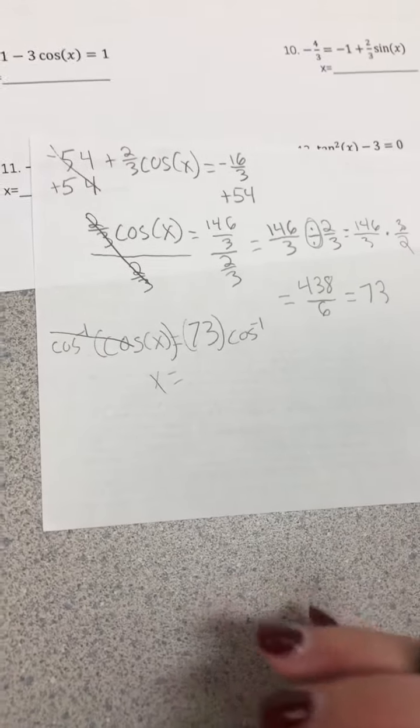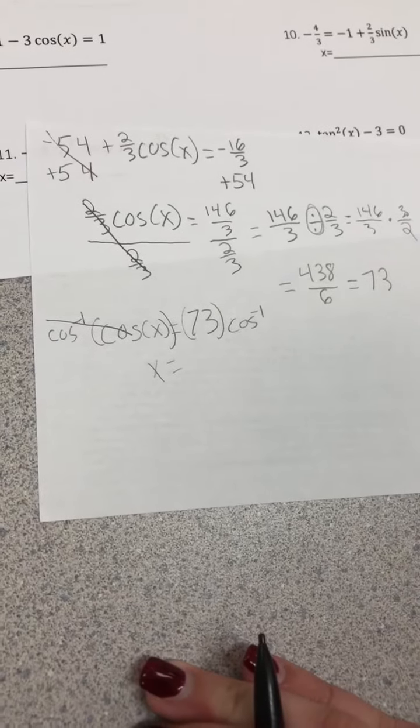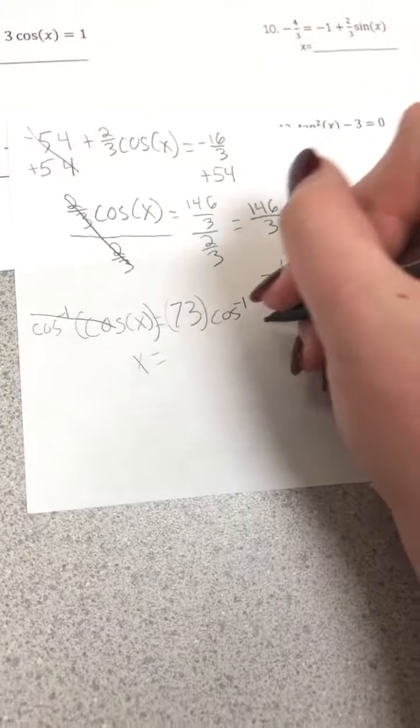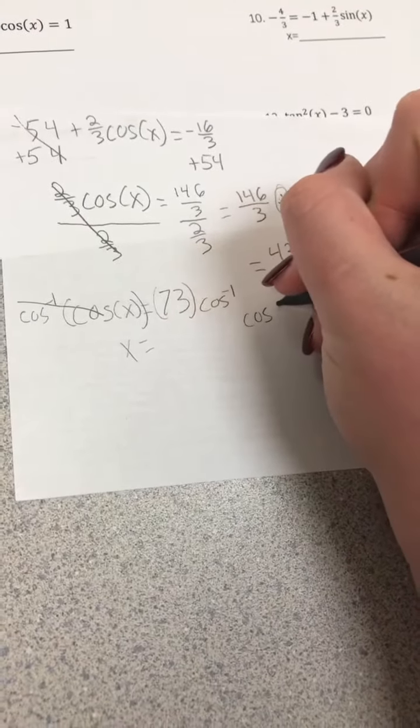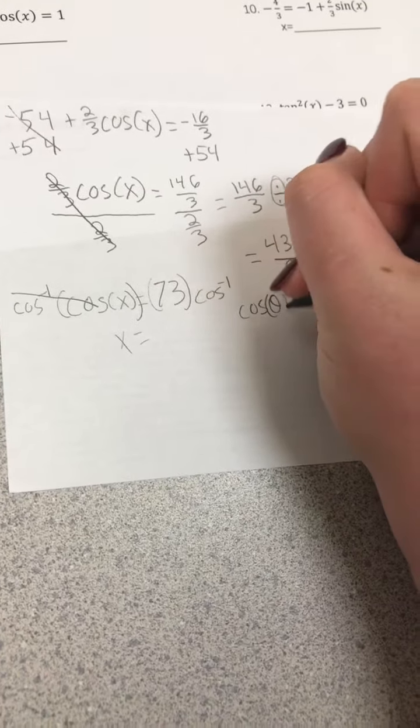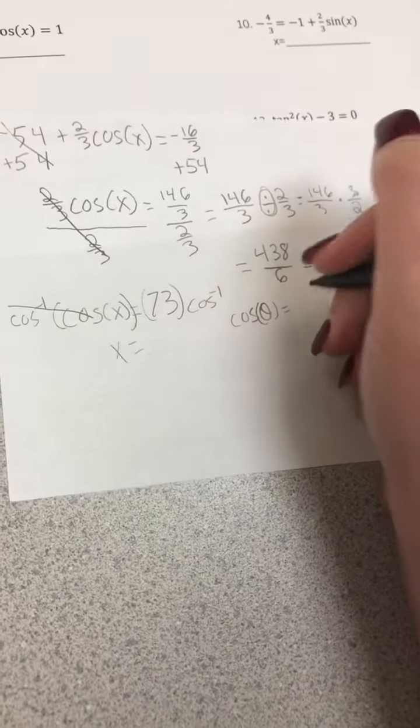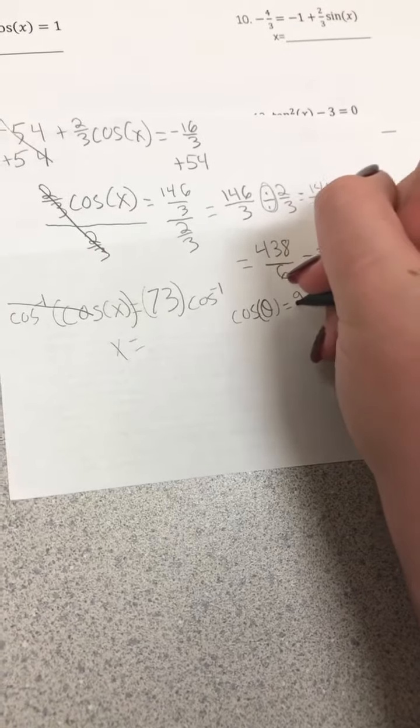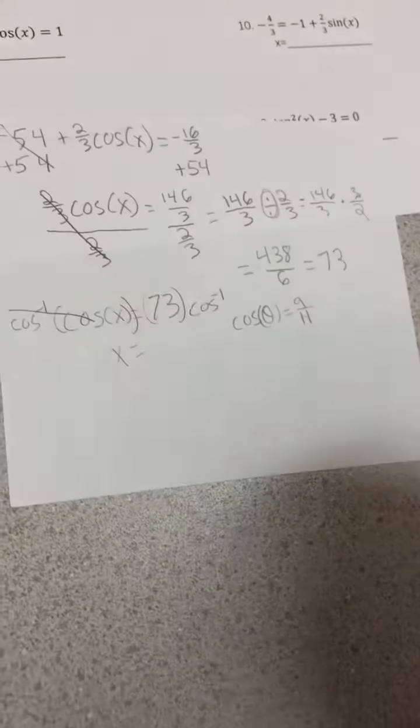Why do you think it's error? Well, the definition of cosine is adjacent over hypotenuse.